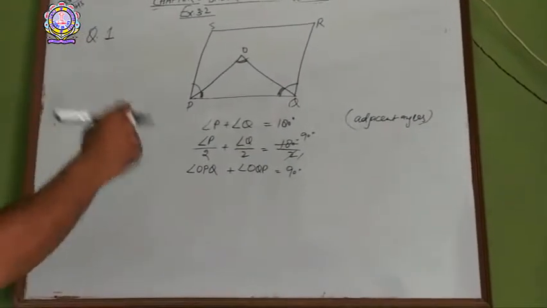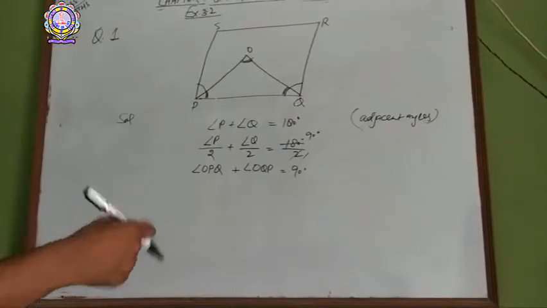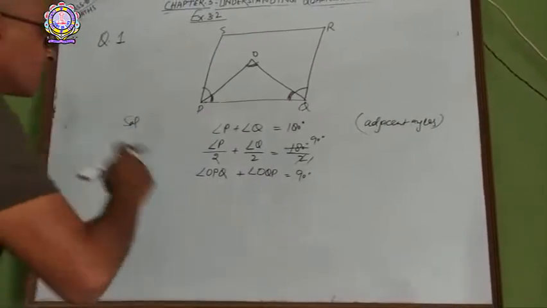We know the property of the triangle: the three angles of a triangle must be equal to 180 degrees.